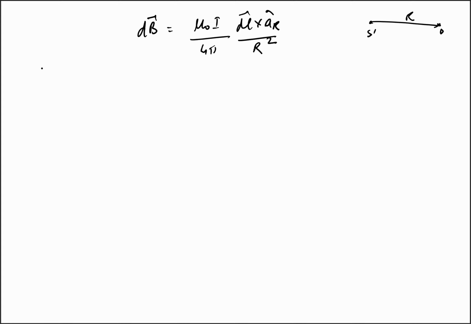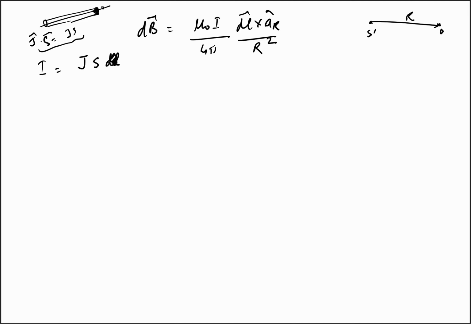Now this I is given as Js dl dash, or only Js, that is, the current density times the surface area. In a wire we are assuming that the current density is perpendicular to the surface area, so J dot ds is equal to Js only.